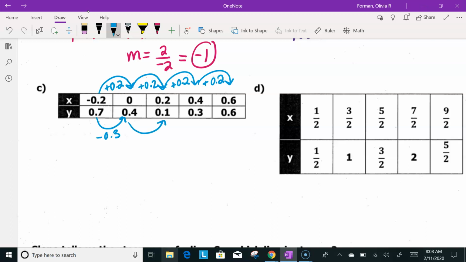To go from 4/10 to 1/10, we subtracted 3/10. To go from 1/10 to 3/10, we added 2/10. And to go from 3/10 to 6/10, we added 3/10. So here you have a couple different ones that throw it off. This one and this change, because we go plus 0.2, plus 0.3, and the top didn't change. The top stayed consistent, so if it was linear, the bottom should have stayed consistent as well. So this one is not linear.